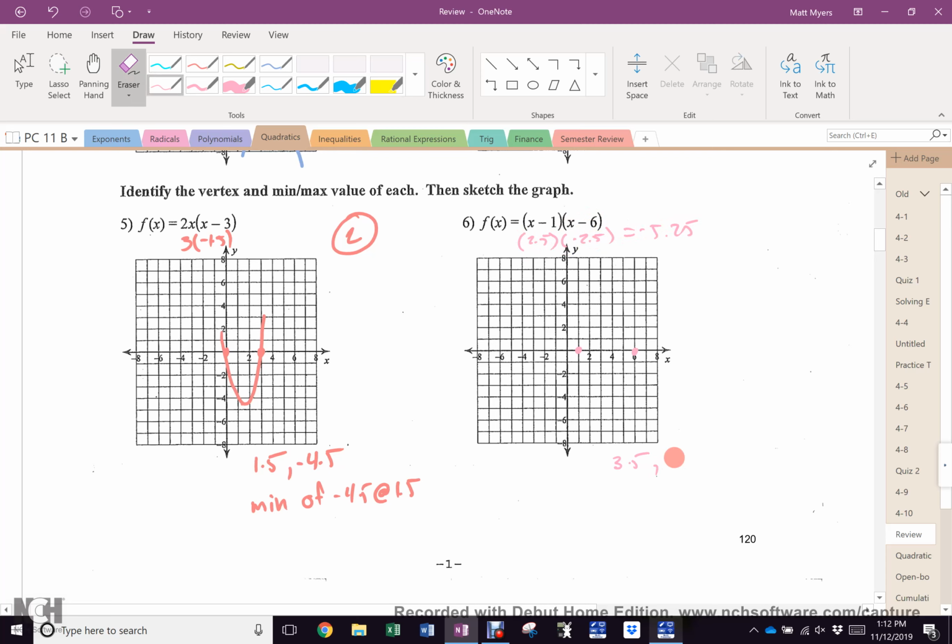I lie. Negative 6.25. So it is a minimum. It is a minimum of negative 6.25 at 3.5, for 2.